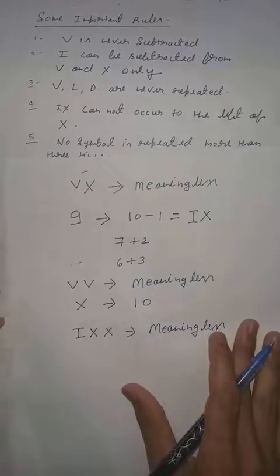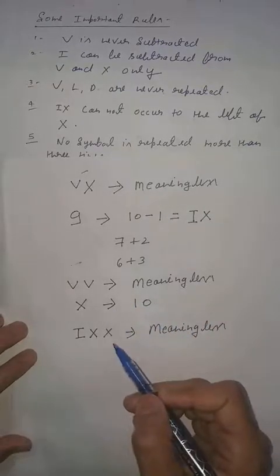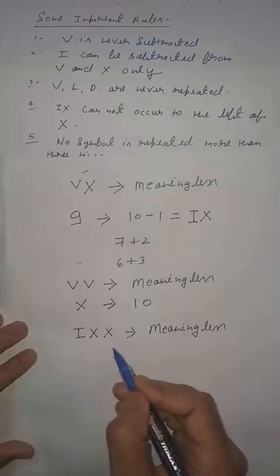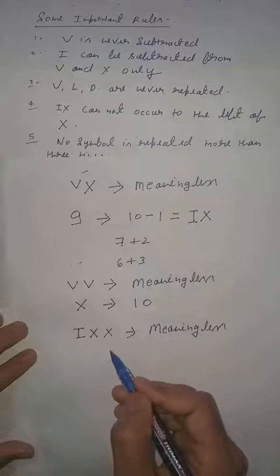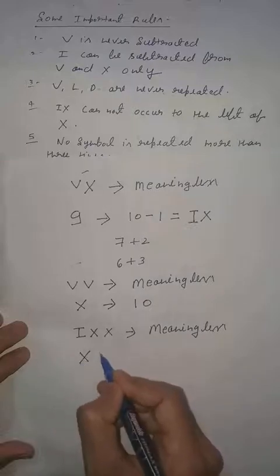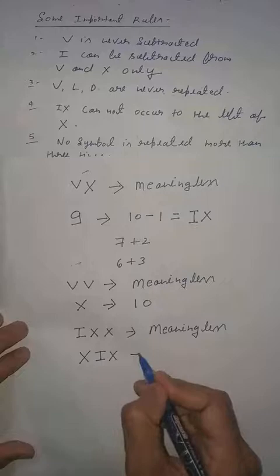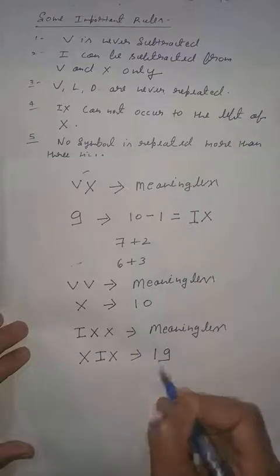Why meaningless? Because I and x cannot be subtracted from x. Clear? Because this is 9, this is 10. So if you have to write down 19, what will you write? X, I, x. This is the correct form. This x means 10 and this means 9. This will become 19. Clear to everyone?